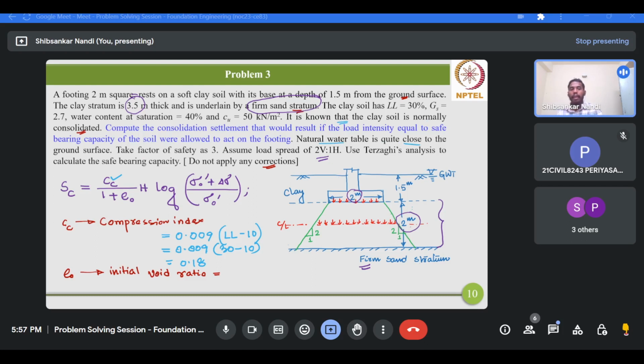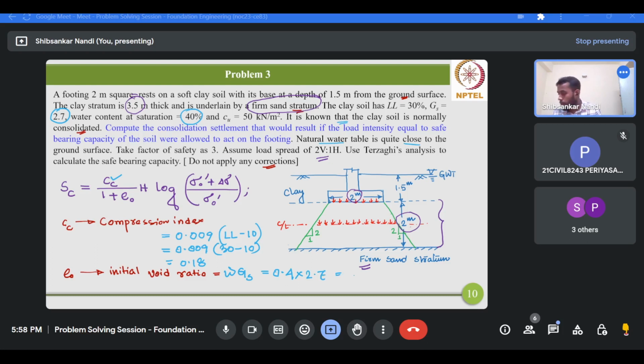Therefore, the entire clay stratum is under full saturation, so the S value would be simply 1. Therefore, this e0 would be w times Gs. The water content given in this problem is 40%, and the Gs is also given as 2.7.